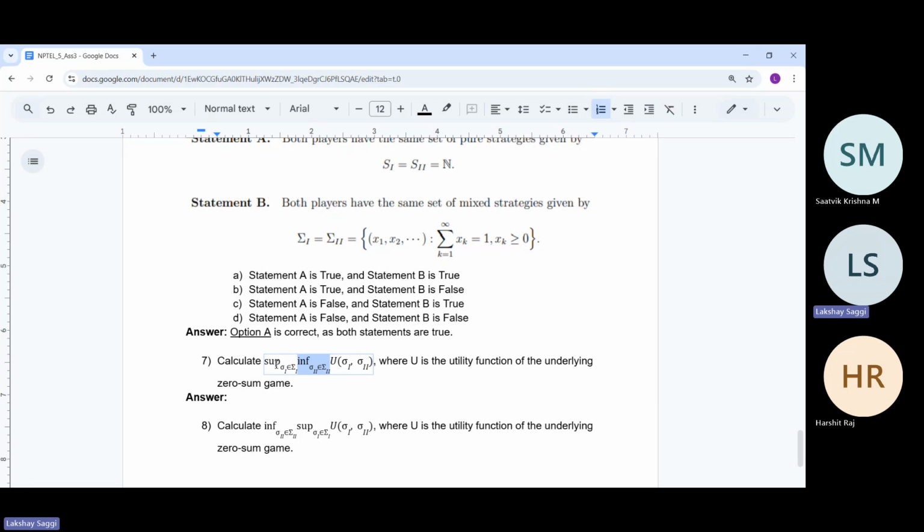So player two will just choose something which is greater than whatever player one has chosen. And so player two can always make this utility function equal to -1. Player two can always make player one lose. Harshit, Satvik, am I making sense? Okay, it makes sense to you guys.